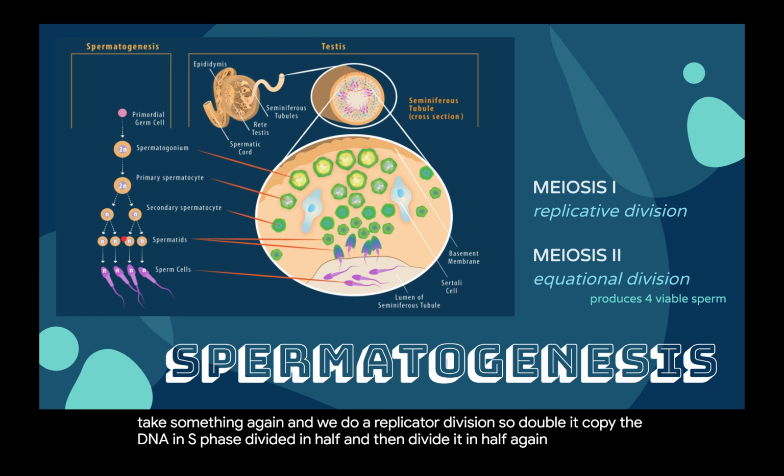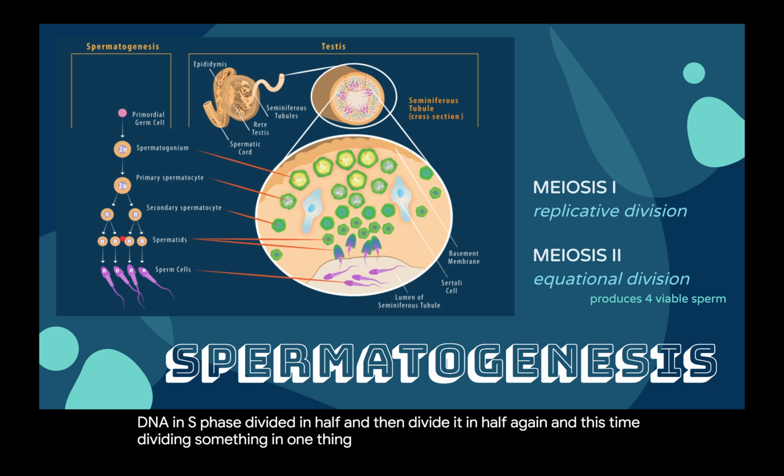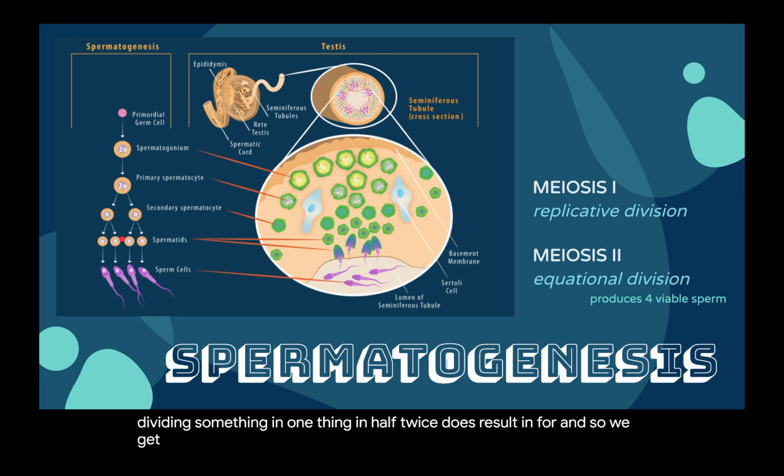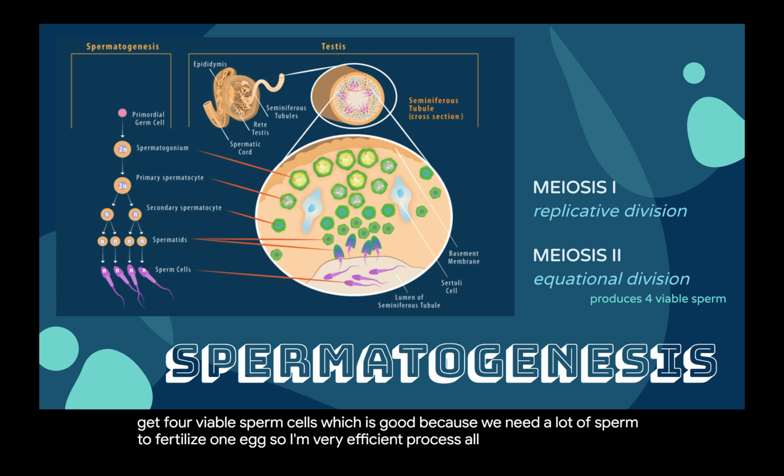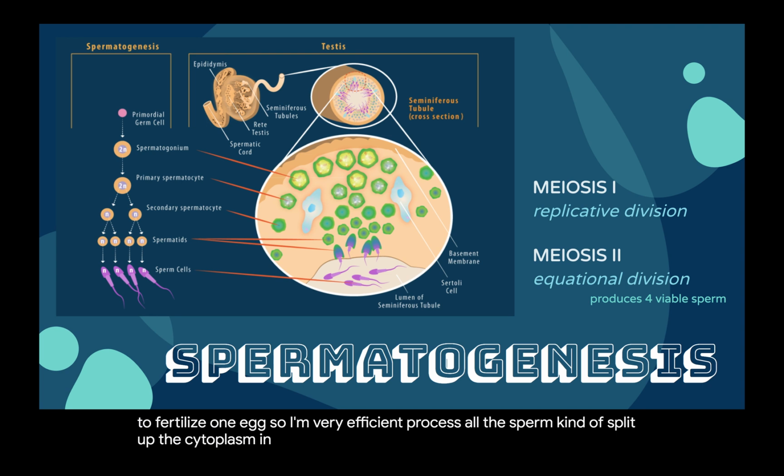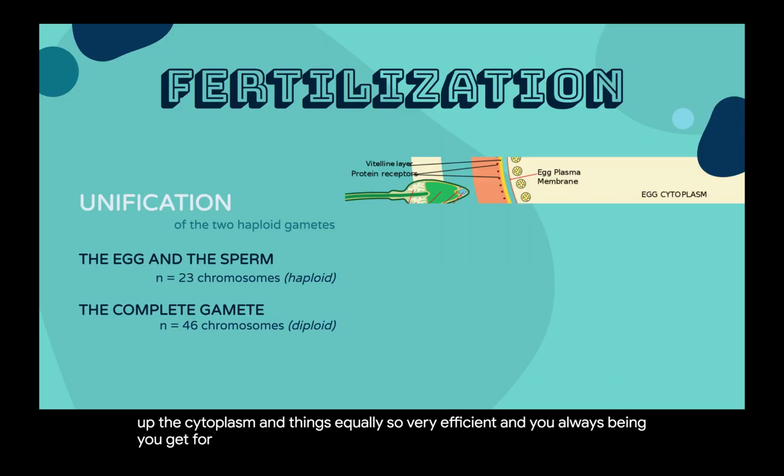And this time, dividing one thing in half twice does result in 4. And so we get 4 viable sperm cells, which is good because we need a lot of sperm to fertilize 1 egg. So very efficient process. All the sperm kind of split up the cytoplasm and things equally. So you always get 4 versus 1 egg and 1, 2, or 3 polar bodies.